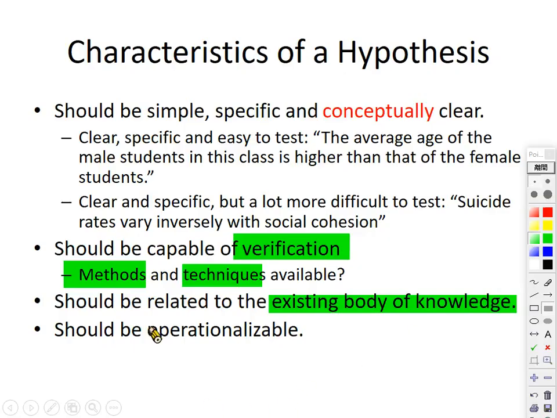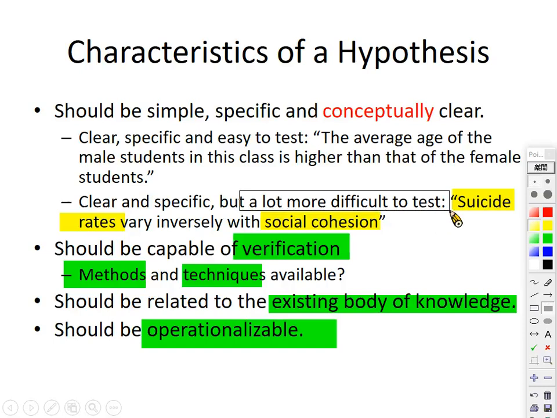And the other one is, it should be operationalizable. Look at here. This one, a little bit difficult to test, right? And this one is a little bit easier to operationalize, right? So look here. If we want to test the hypothesis, although it is a lot more difficult to test, it does not mean it cannot be tested.